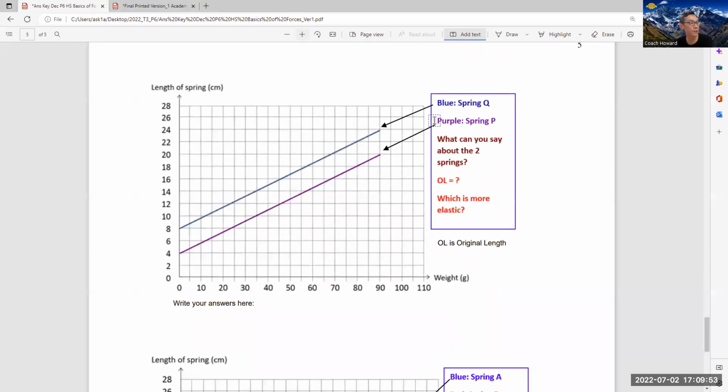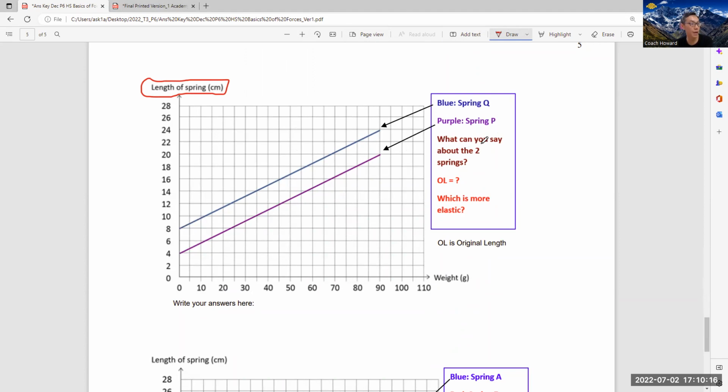In our paper it is black and white, so I'll make it bigger. This is the length of the spring. Number one, you take note, length of the spring, so it cannot start from 0, correct? Can you see the blue color line? The spring Q starts from 8. And the purple one, spring P, starts from 4.